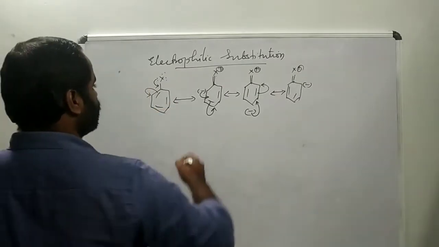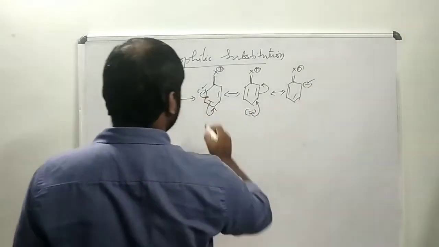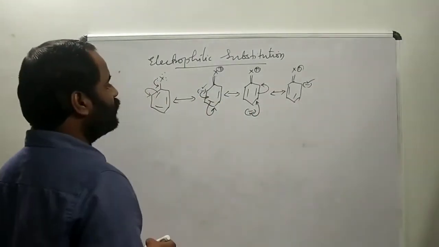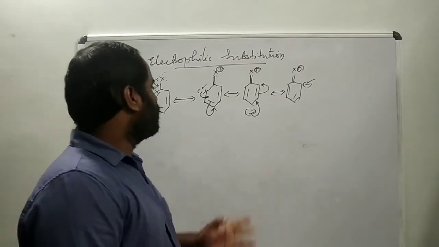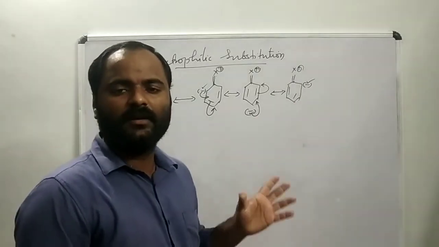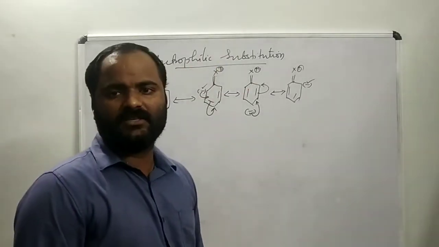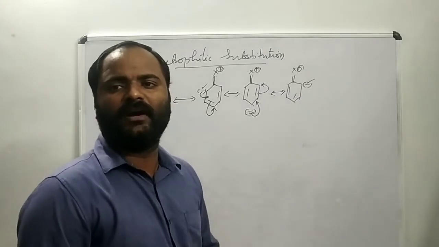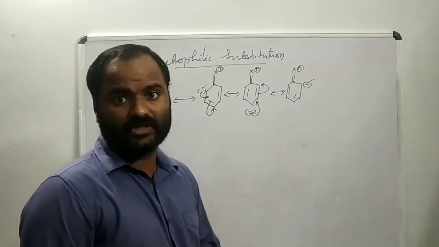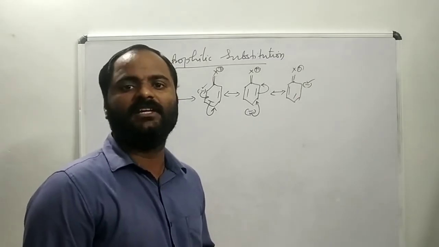This is the ortho position, this is the para position, this is also an ortho position. Two ortho and one para. So negative charges are there at these ortho and para positions. So an electrophile can attack these ortho and para positions very easily.